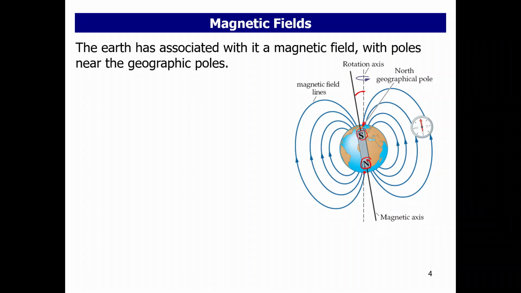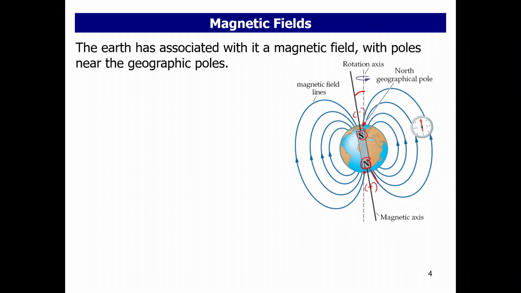So it's actually flip-flopped. We can see that magnetic field lines are going to leave the north pole of a magnet and come in towards the south pole. So the north pole's kind of like our positive and the south pole's kind of like our negative. The needle of our compass is a magnet.